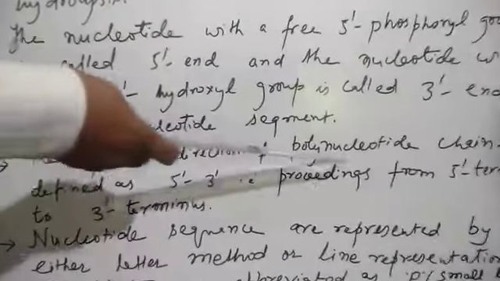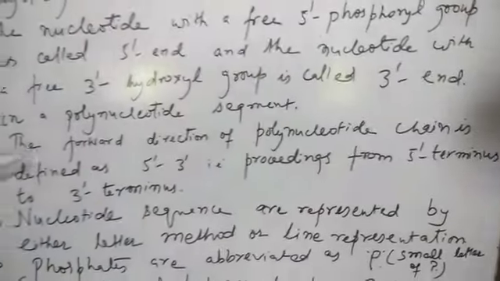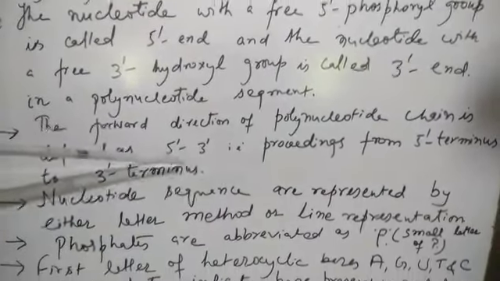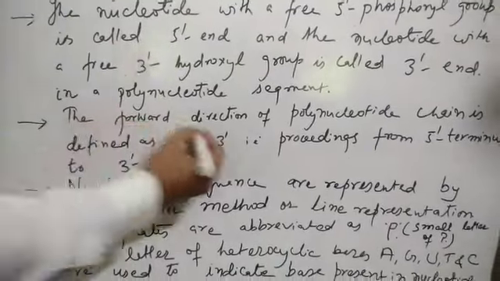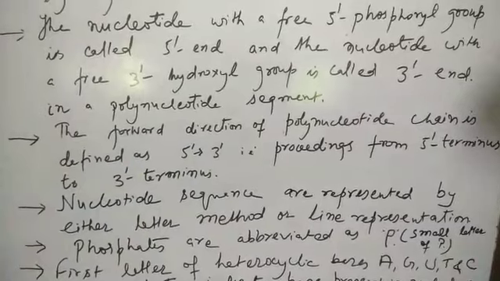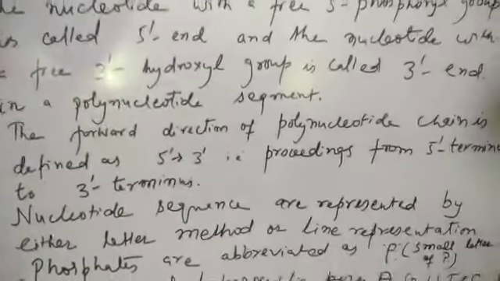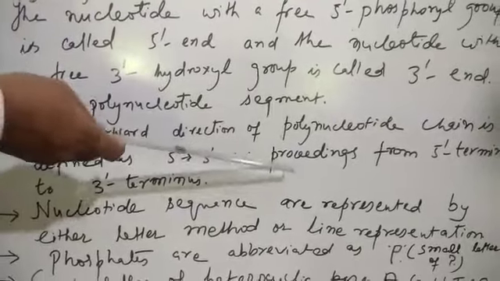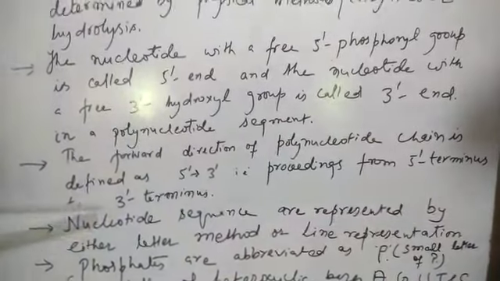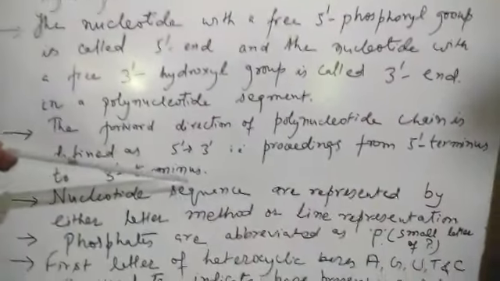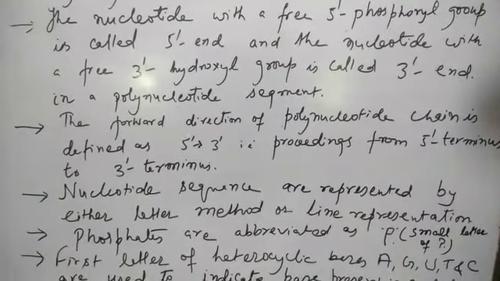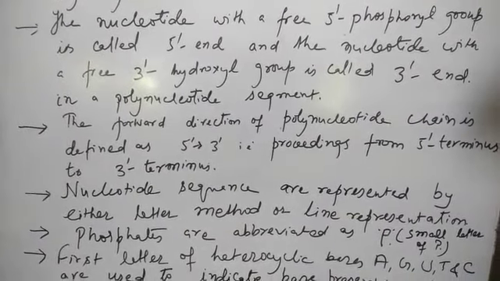Now by convention, the forward direction of a polynucleotide chain is defined as 5' to 3'. That is, proceeding from the 5' terminus to the 3' terminus. Okay? So when we see the structure, that will be more clear.